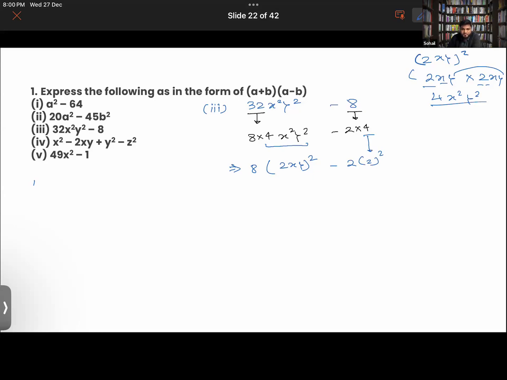Also, now see one more thing here, that 2xy whole square is there and minus 2 times 2 square is there. All right, now how about we take this as a square, we take this as b square?